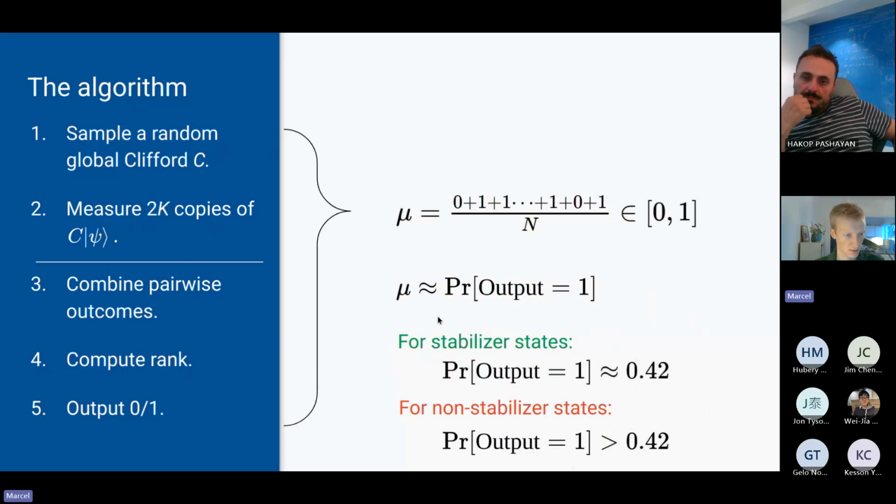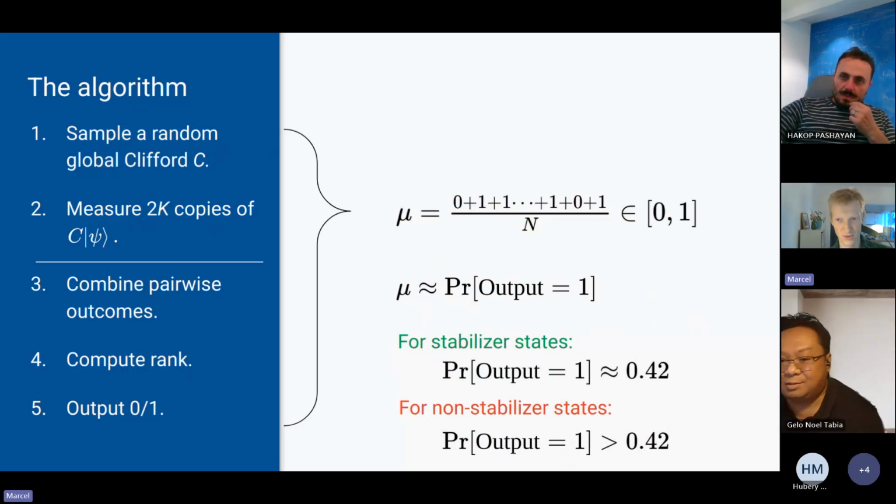If you see an average that is comparable with this, then you can declare stabilizer states. If you see something that is much bigger, then you know that you're in this other case. Okay, are there any questions on this? I can also try to give more information, but maybe towards the end.